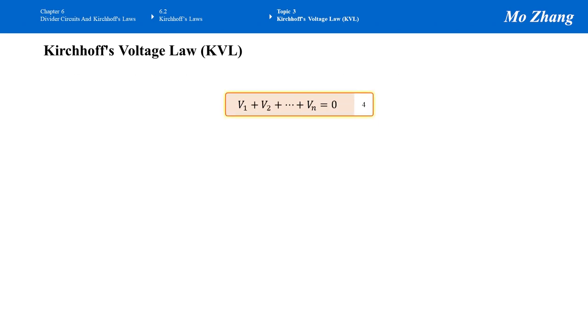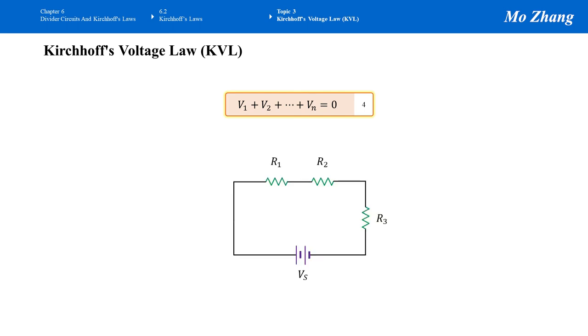For example, for a closed circuit, there are n voltages. If we add them up, the sum equals 0 volt. Let's look at this circuit. This circuit has one source Vs and 3 resistors. They are R1, R2, and R3. The voltages of the 3 resistors are V1, V2, and V3, corresponding to R1, R2, and R3 respectively.